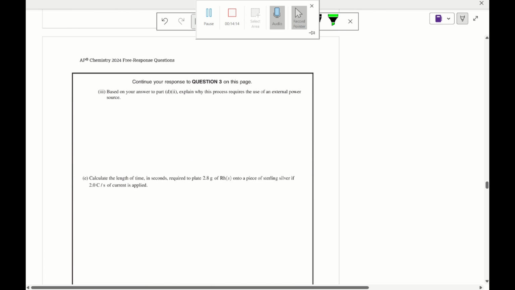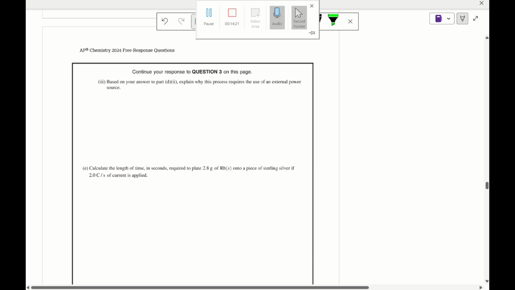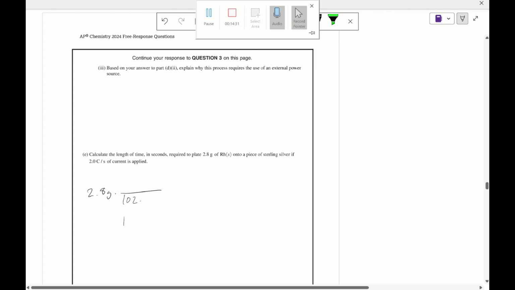And then it's asking for the length of time in seconds required to plate 2.8 grams of Rh onto the sterling silver. So you just convert 2.8 grams to the moles of Rh, and Rh is 102.91.